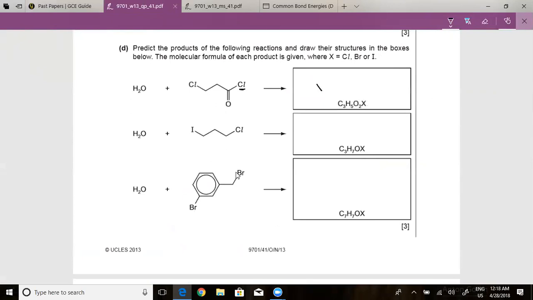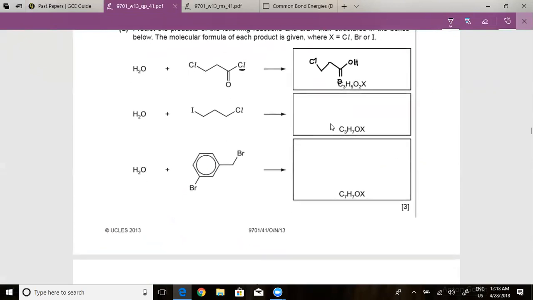The molecular formula of each product is given where X is here. You can tell it's forming a carboxylic acid because there are two O's there. So you know for a fact that the Cl on that side has left. One Cl had to leave because some reaction has to occur.